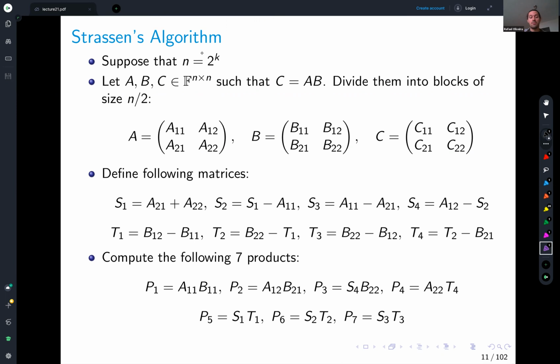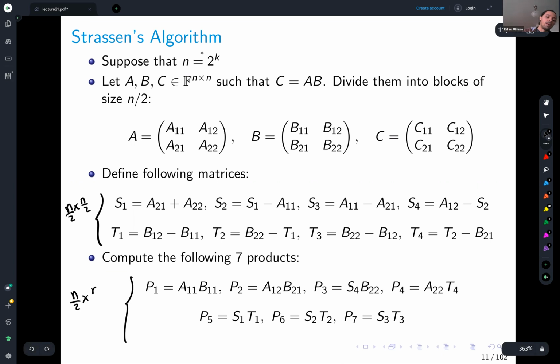P4 is A22 times T4, and so on. So you compute these 7 products, using either the subblocks of the matrices or the new matrices that you constructed, okay? And note that all of these are n over 2 by n over 2, same as these, right?